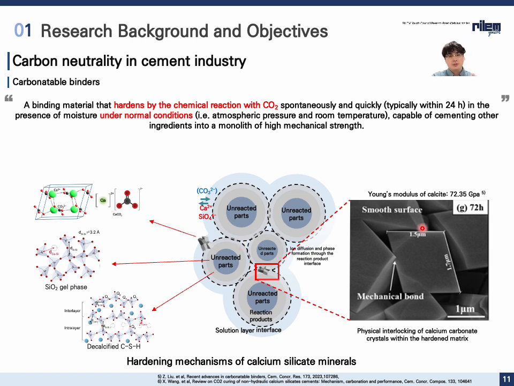In the detailed microscopic image at the right, this image demonstrates the mechanical interlocking of calcite crystals within the carbonated matrix. These calcite crystals with a high Young's modulus substantially enhance the mechanical strength of the cementitious materials, resulting in robust structural integrity and durability.